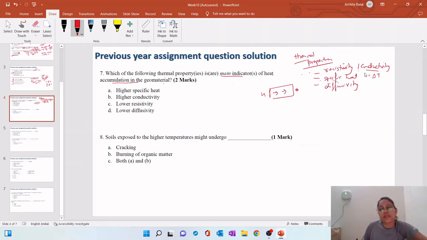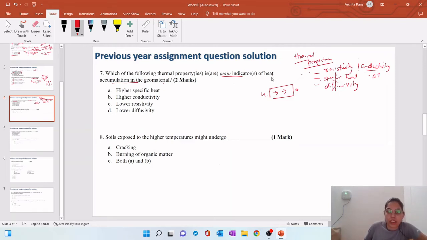As we know, specific heat is how much heat is required to change the temperature of 1 gram of a substance by 1 degree Celsius.